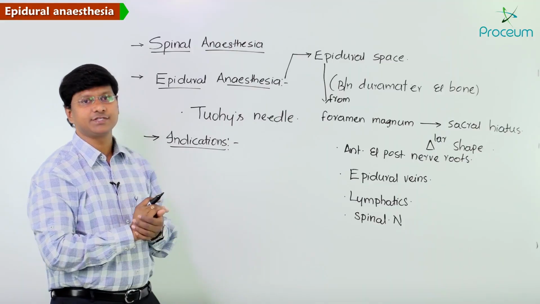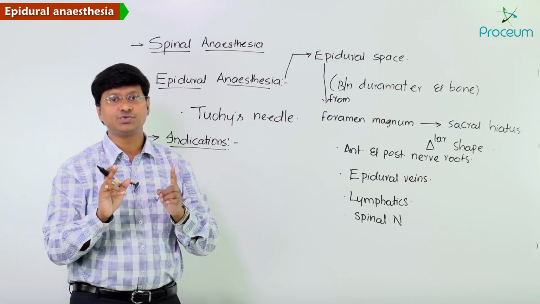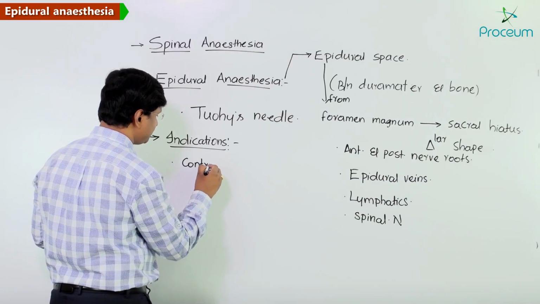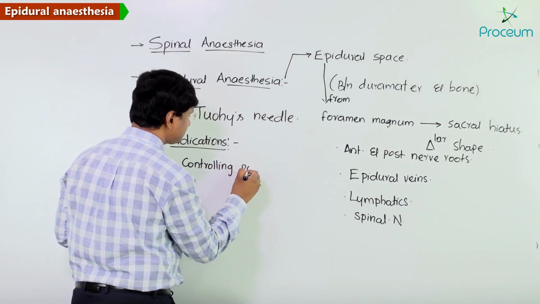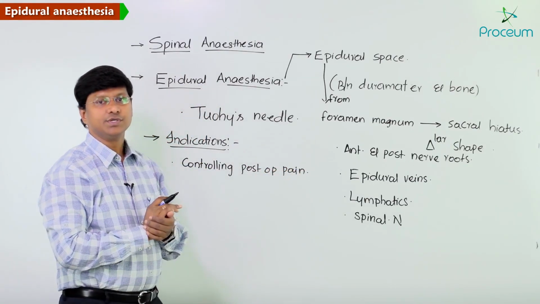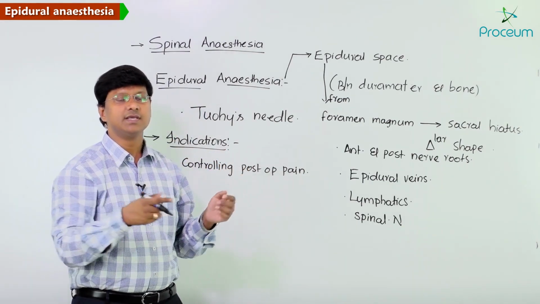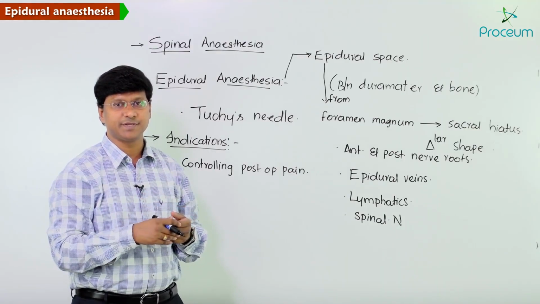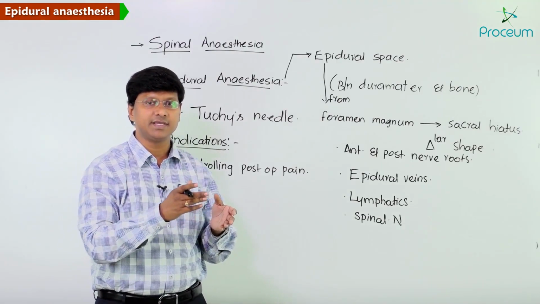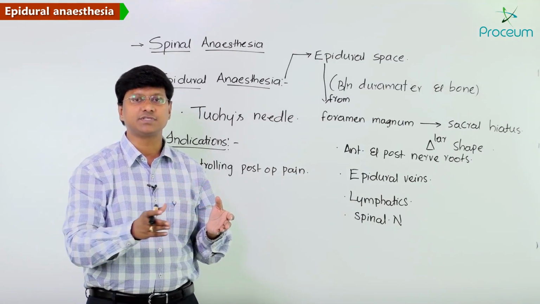Alright, now let me discuss the indications of epidural anesthesia. Very important, it is used for controlling post-operative pain. The first indication is controlling the post-operative pain, and this is a very important indication. For this, the epidural needle, that is the Tuohy needle, is put into the epidural space, and through it the analgesic drug or local anesthetic is given continuously through a catheter.